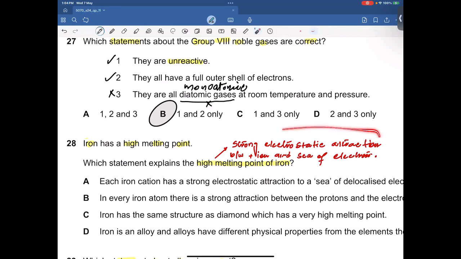So I need to look at these statements. Each iron cation has a strong electrostatic attraction. That's right. To the sea of delocalized electrons. That's also right. So A is going to be the right answer.